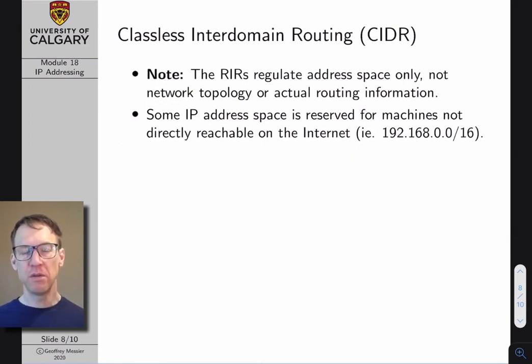I should make an important distinction here because, at the very start of this lecture series and at various points along the way, I make a big deal about how one of the advantages of the internet is that it's fully distributed, right? There's no central control entity deciding how packets are routed across the network, for example.